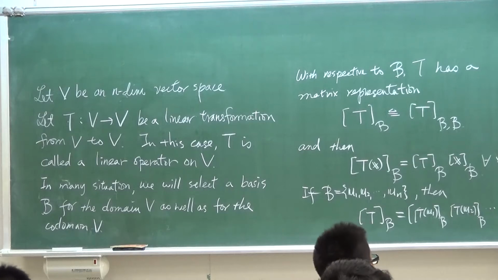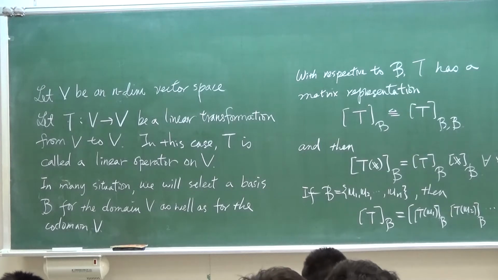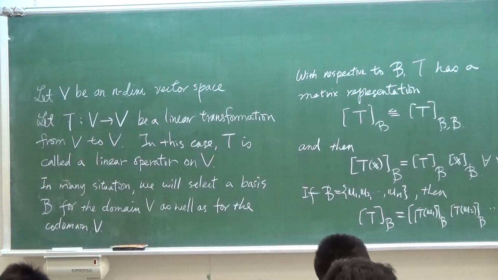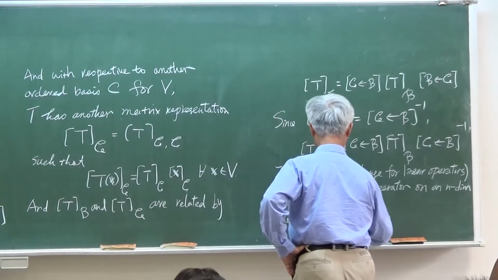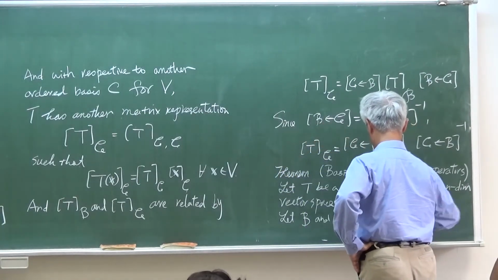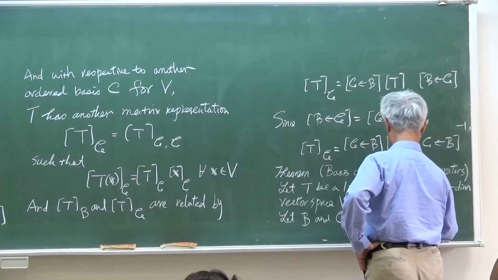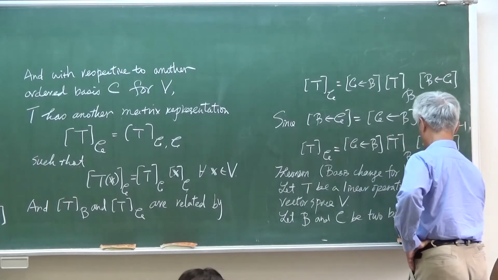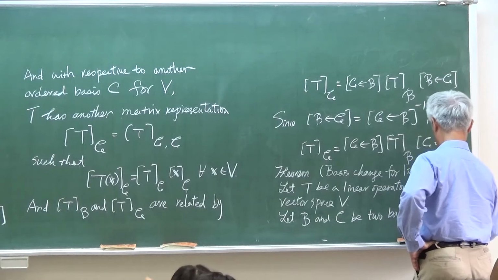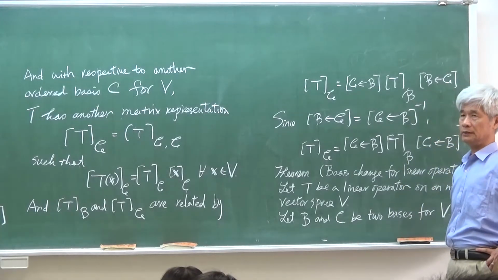T is a linear operator means that T is a linear transformation from an n-dimensional vector space V to V. And let B and C be two bases for V.